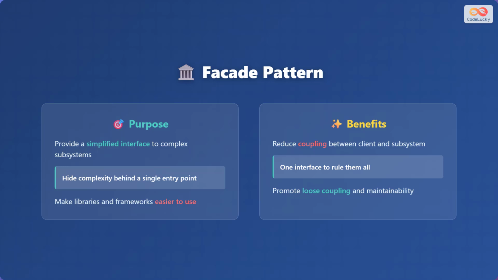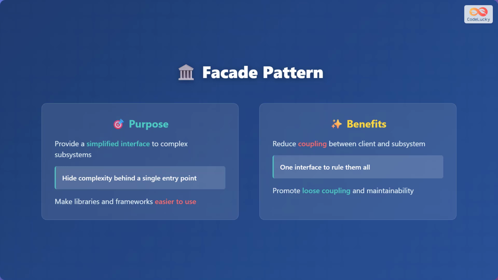The facade pattern serves a crucial purpose in software architecture, providing a simplified interface to complex subsystems. Imagine a home theater system with multiple components like audio systems, video players, lighting controls, and streaming devices.